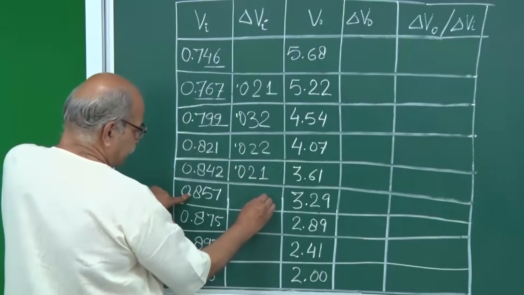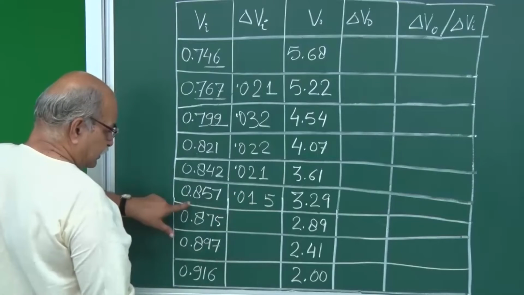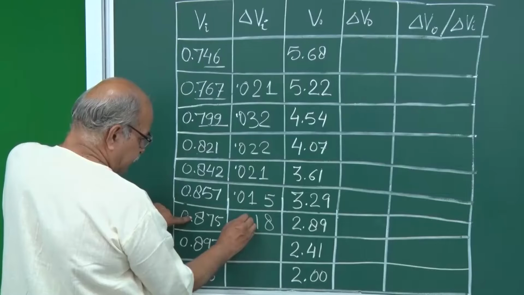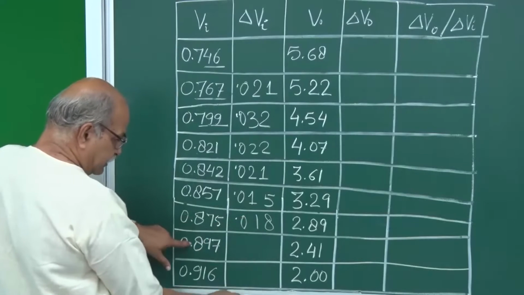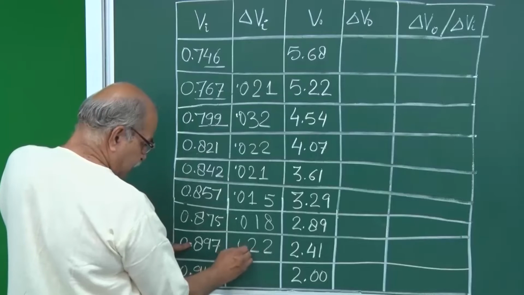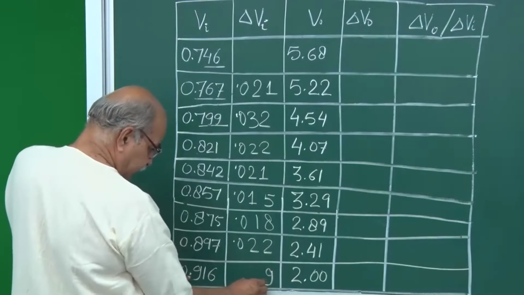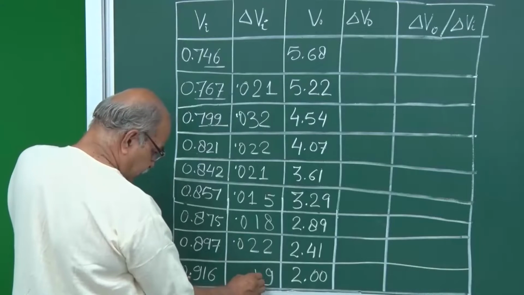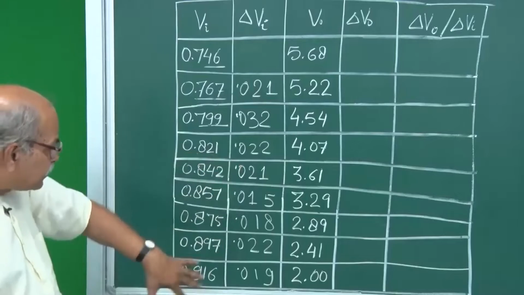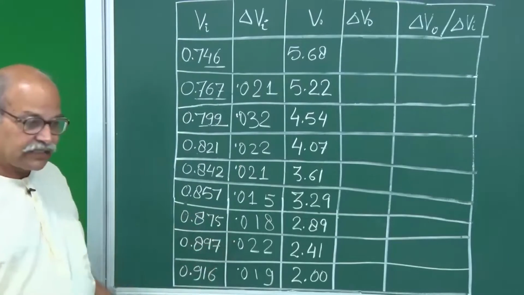Then 5 here, 1 here and 0 here. Then 8 here, 1 here and 0 here. And here it is 2 and 2 and 0. And here it is 9 and 1 and 0. Please check, please verify if this subtraction is correct. This minus this should be here, this minus this should be here, and so on.